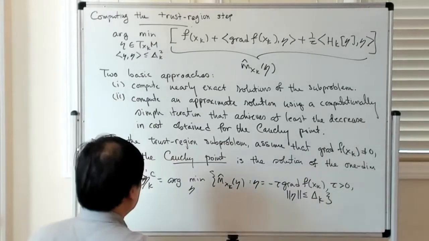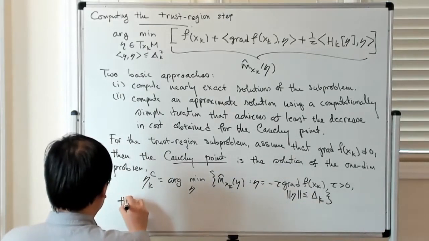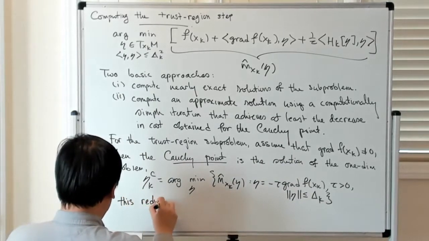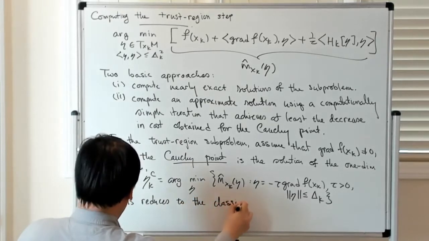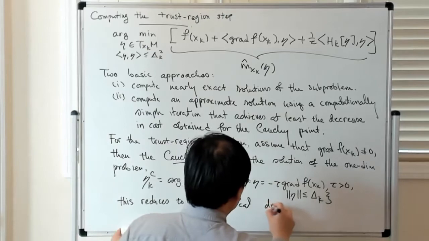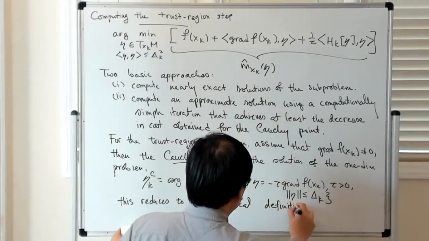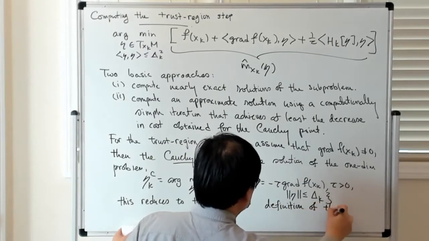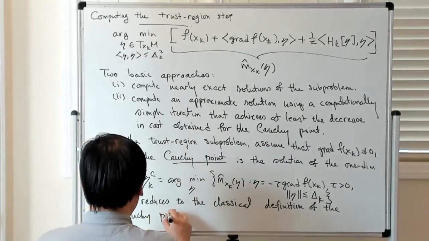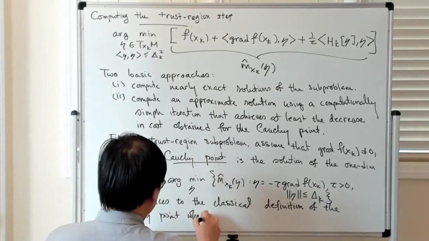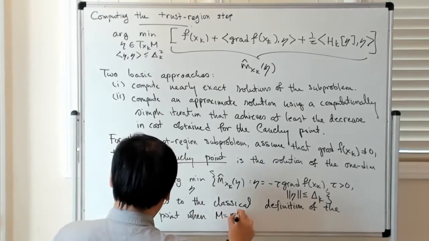So this reduces to the classical definition of the Cauchy point when the manifold is Rn.